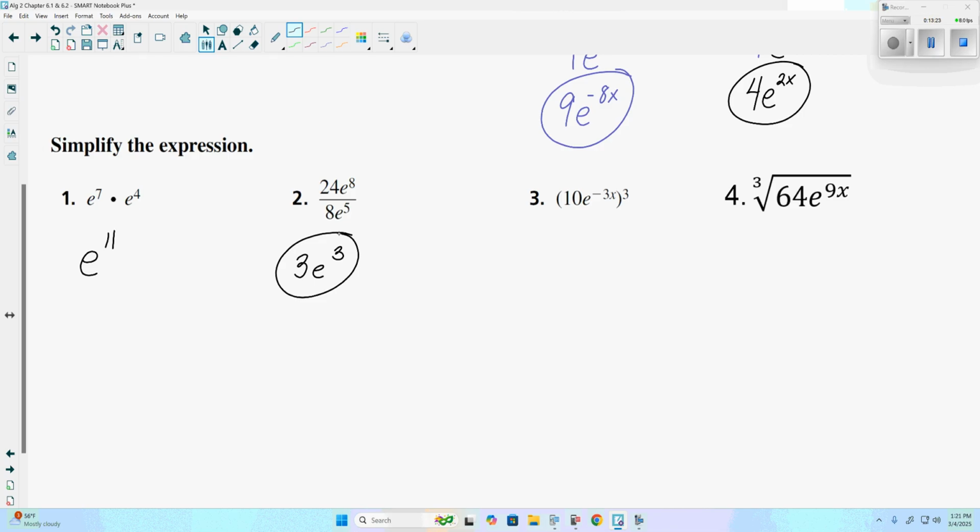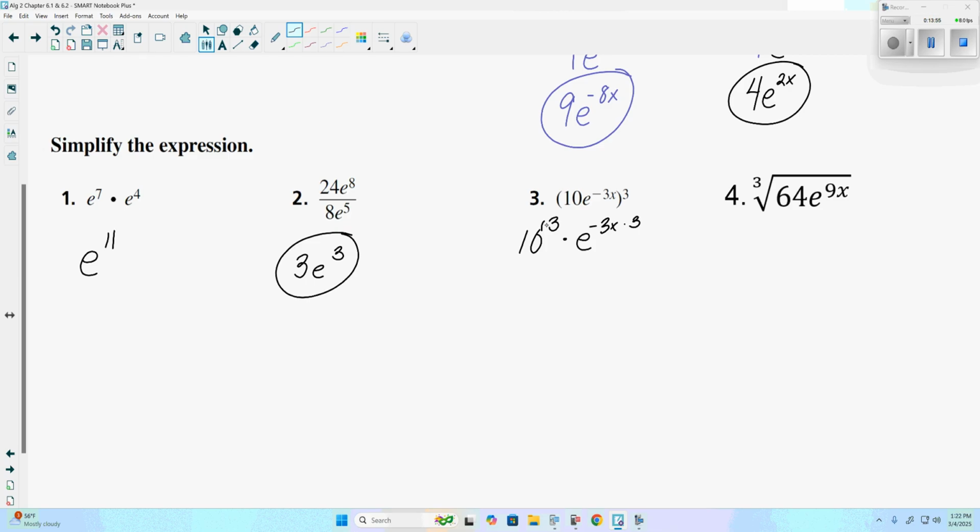10e to the negative 3x to the 3rd. Now we can multiply it by itself 3 times, or we can apply this 3 to both terms, because there's not an addition sign in the middle. So really what we're saying is that we have 10 to the 3rd times e to the negative 3x times 3. Powers of powers multiply. And really with the 10, we're saying that we have 1 times 3.